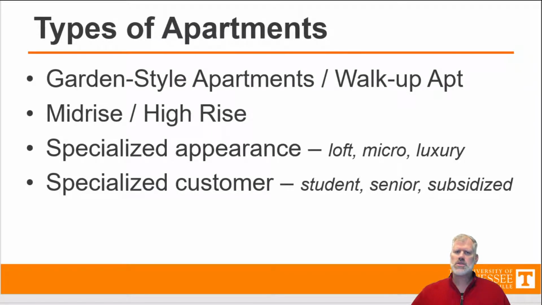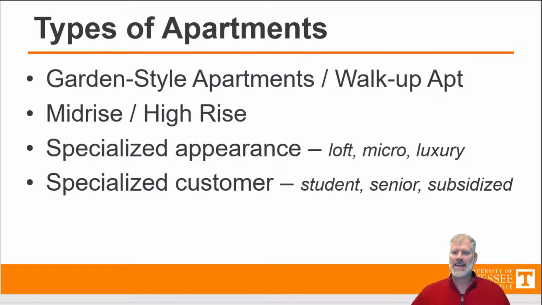And then we could also think about apartments in terms of the customers. So we could have student housing, apartments that are tailored towards students. In fact, people other than students may be precluded from renting there, right? So we may have an age restriction, or you've got to be a student at a particular university to live in this place. Senior housing would be another specialized customer.